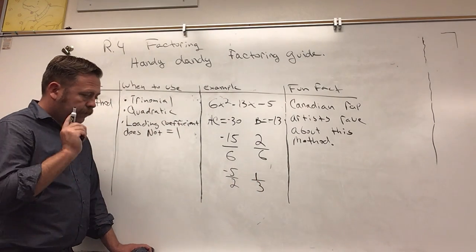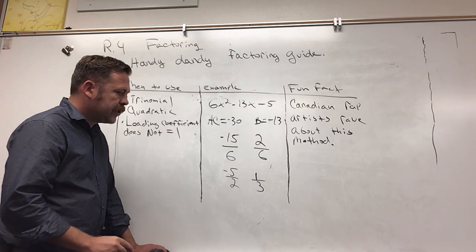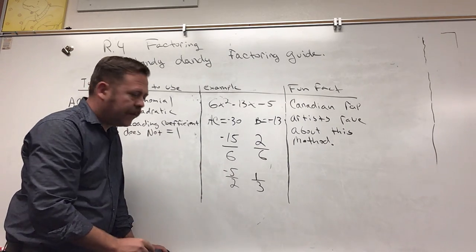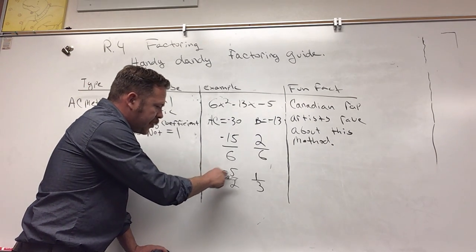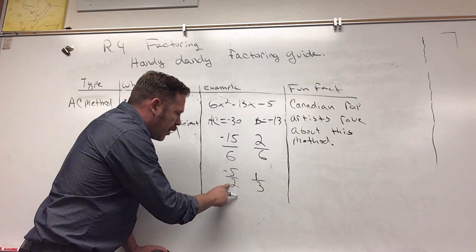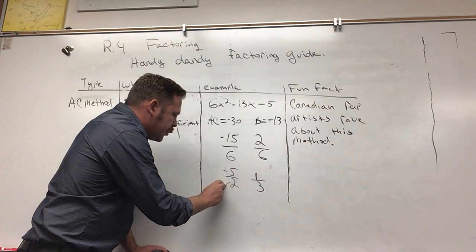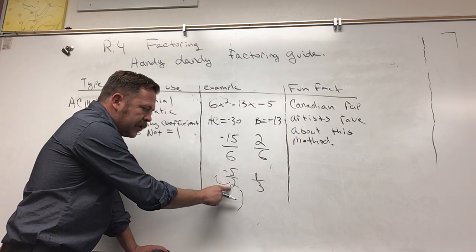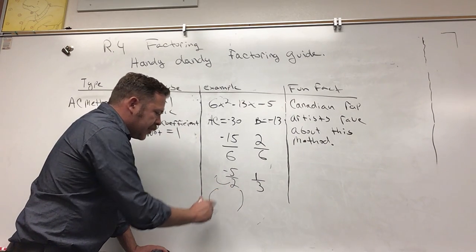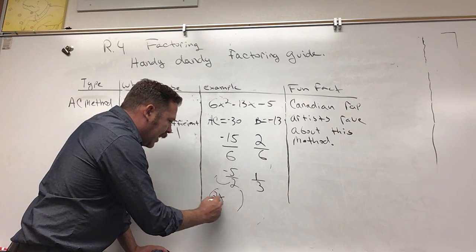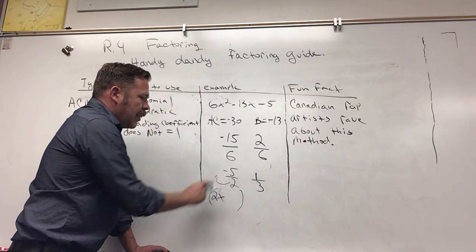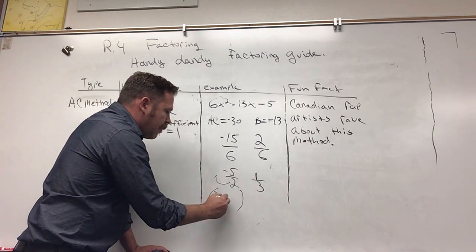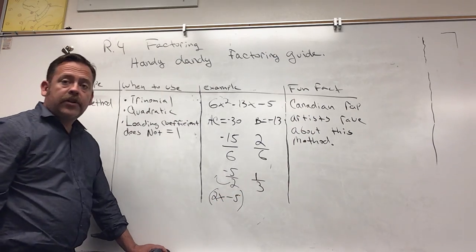Now, what we're going to do next is tricky, but watch it a few times if you need to. I have a negative 5 on top and the 2 on the bottom. So I'm going to take this 2 and bring it to the front of my factored binomial. Whatever's in the denominator is going to be the leading coefficient. So I have a 2x, and then on top I have the minus 5, so minus 5, and that's one of my factors.